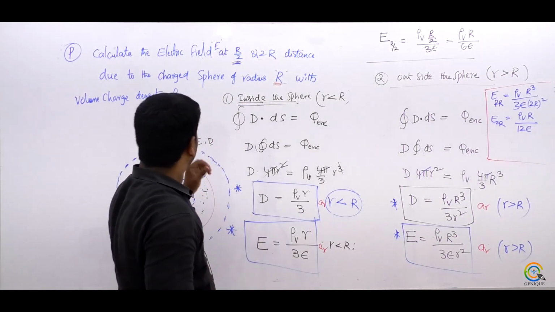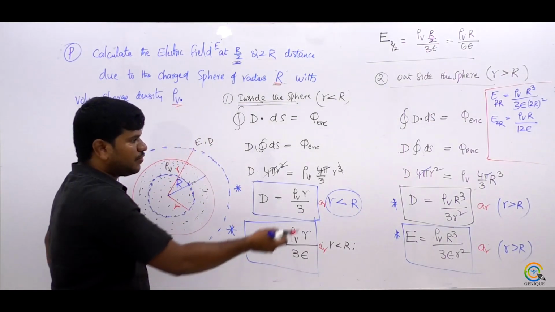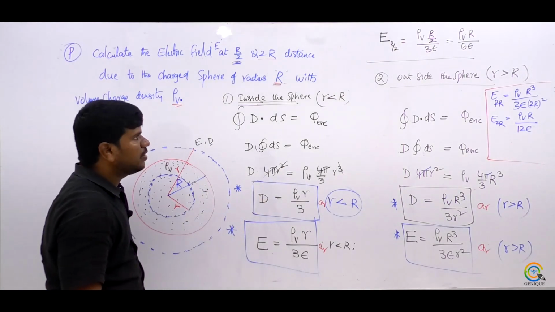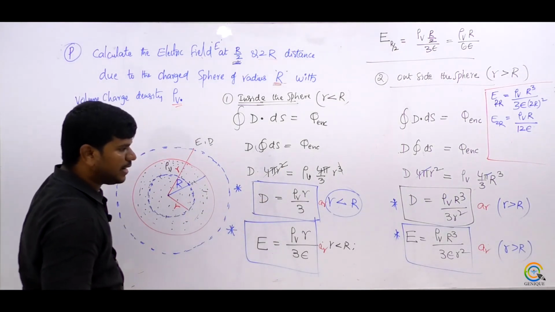Now observe one thing. From these two we can write one relation, we can draw a graph.